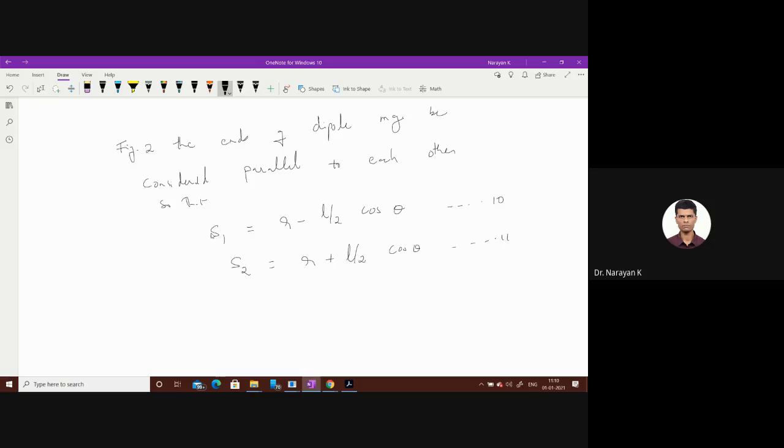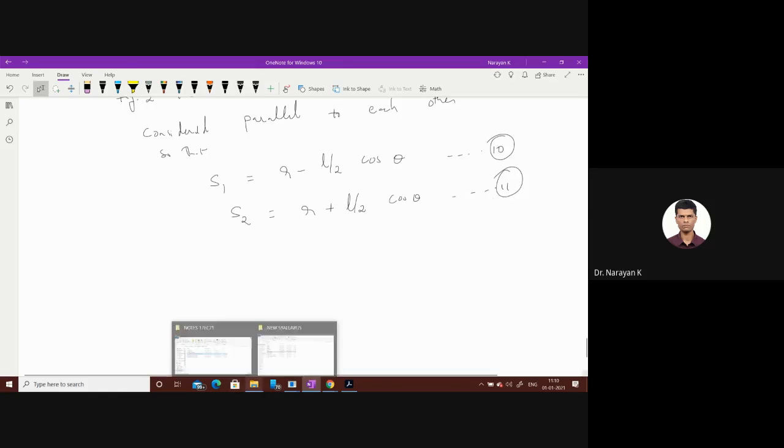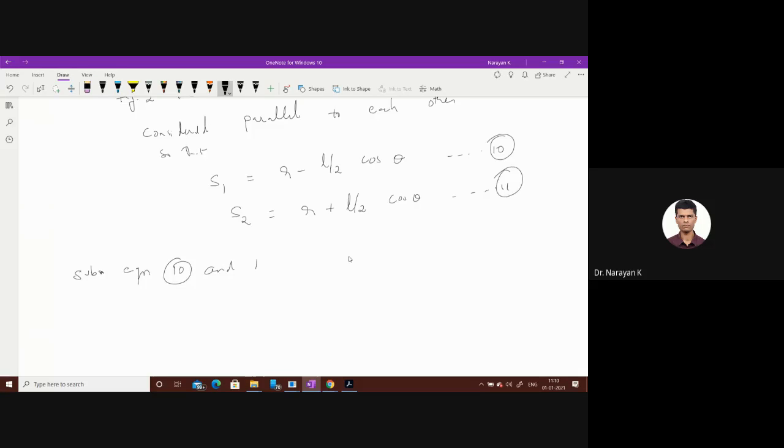Okay. Now, one small thing: you have to remember these far field components, because the derivation from here will get very tough. So we'll make some assumptions and give it, because this is what your BTU wants. Substitute equation 10 and 11 into equation 9.